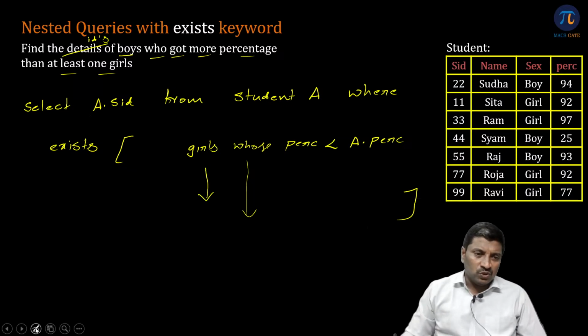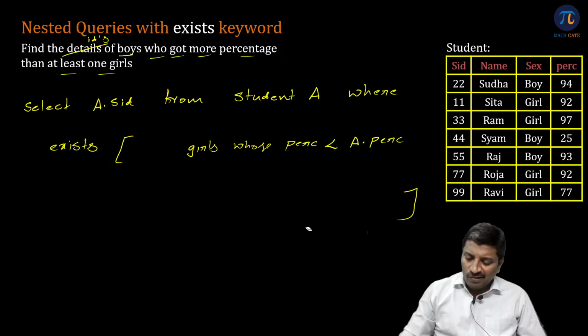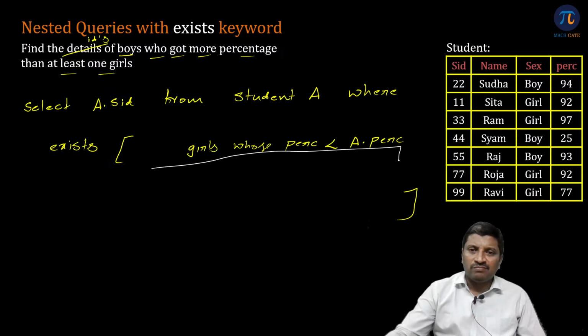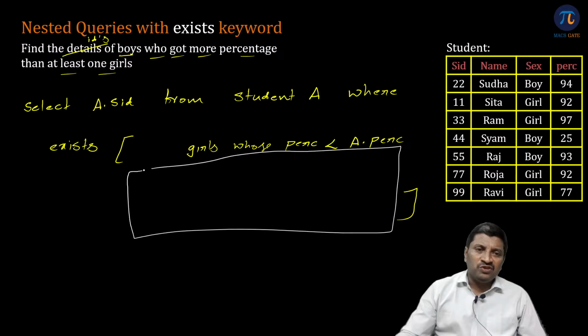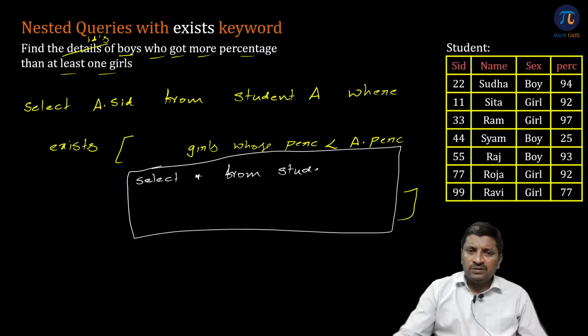So in the inner query, you need to write a query which will display the girls. So select, you can display anything, sir. Select star from student. First of all, she must be a girl, sir. Where, let me give the alias B, one minute, sir.